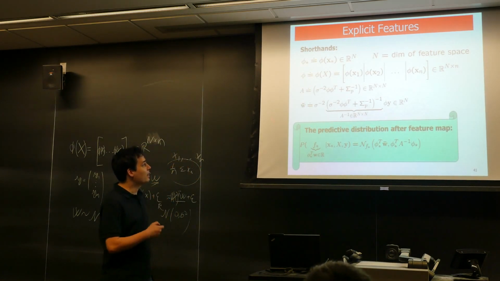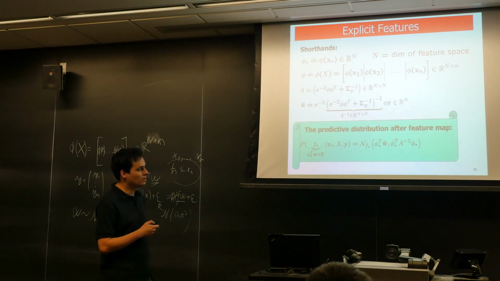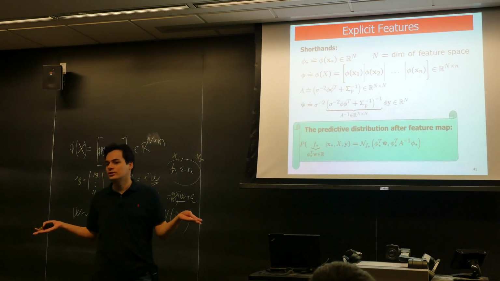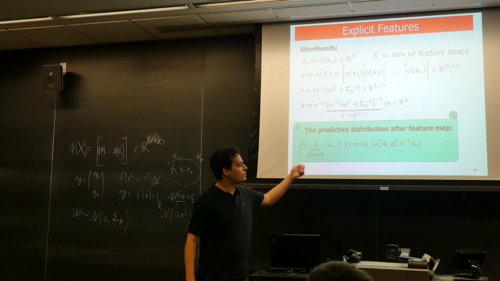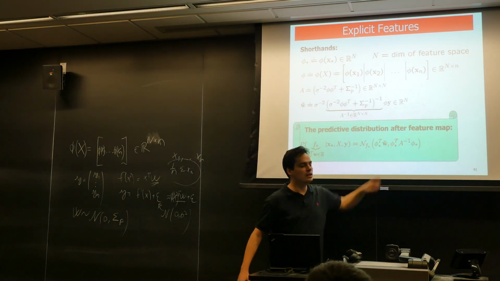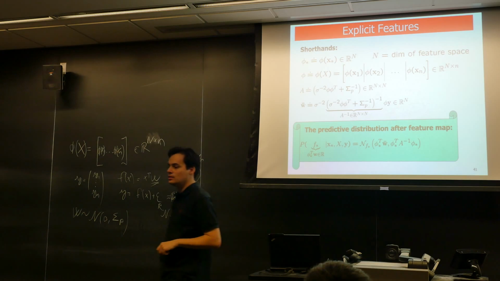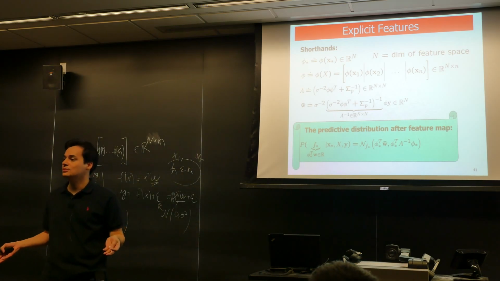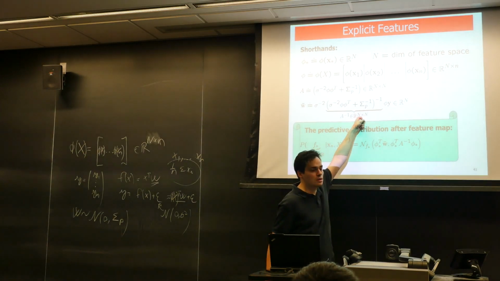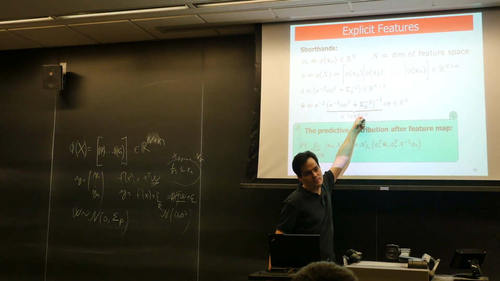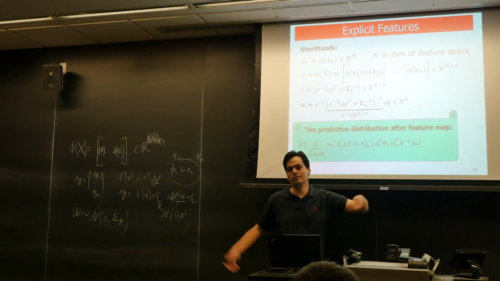All right, so here I just introduced some new notation. We want to find a solution to this problem. We calculated the predictive Gaussian distribution with mean and covariance, and now we are wondering how to use that in practice, because as we discussed, you would need to invert a feature dimension times feature dimension matrix, and if the feature dimension is huge, it's impossible.